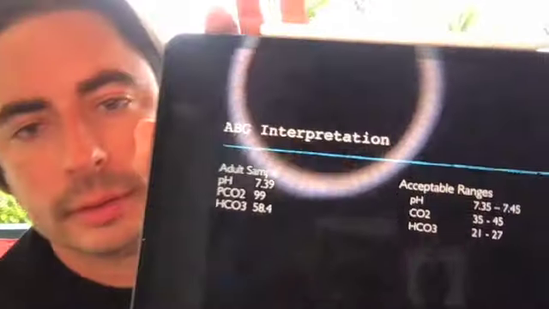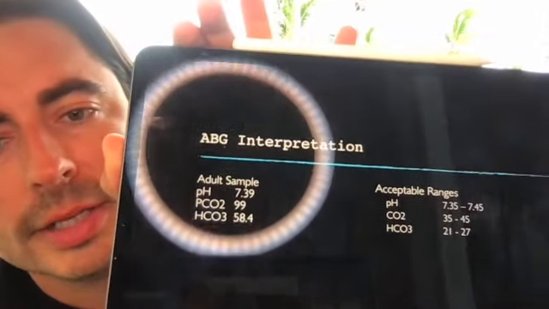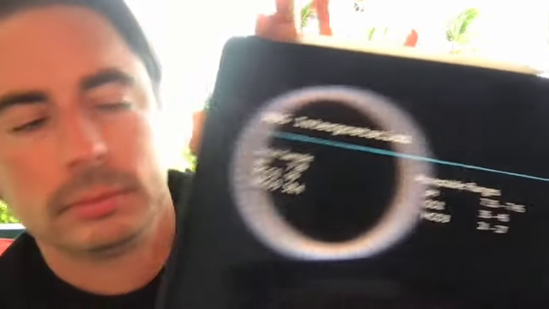All right, here we go. pH is 7.39, CO2 of 99, and a bicarb of 58.4. Okay, pH is on the acidotic side, 7.39. It's just below 7.40, so I'm on the acidotic side. My CO2 is 99.